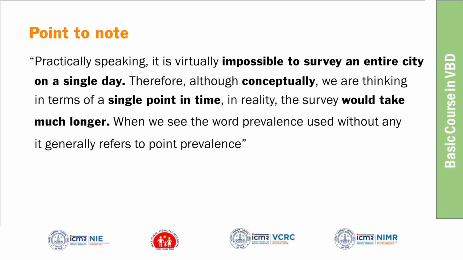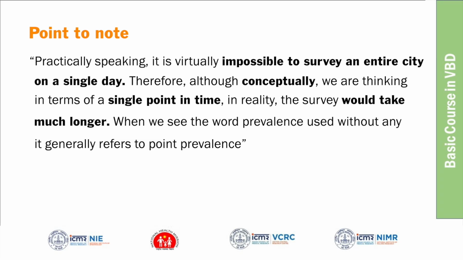So whenever we see the word prevalence without any modifier, it generally refers to point prevalence. For all practical purposes, whenever any journal article or scientific writing uses prevalence without any modifier, they are talking about point prevalence, which is the most common type of prevalence used in studies.